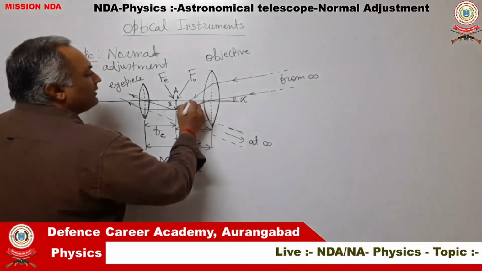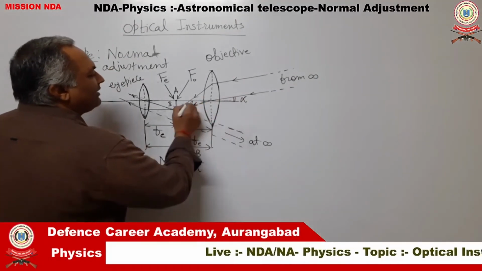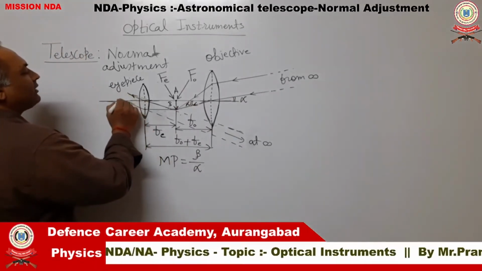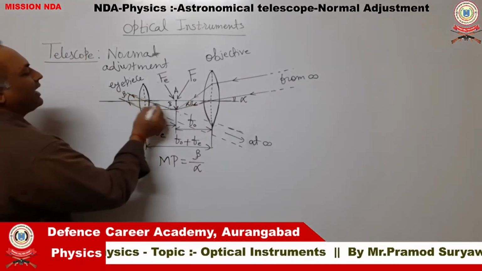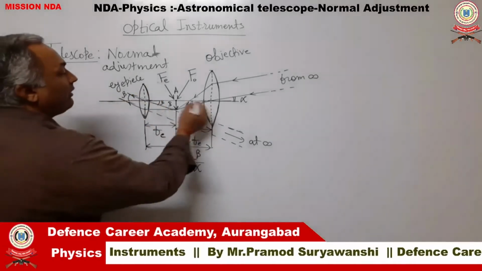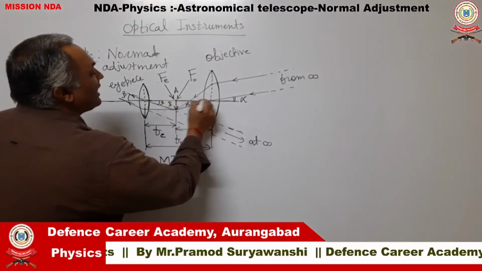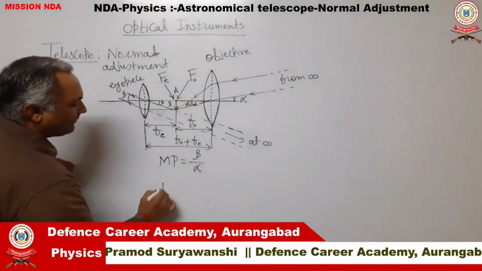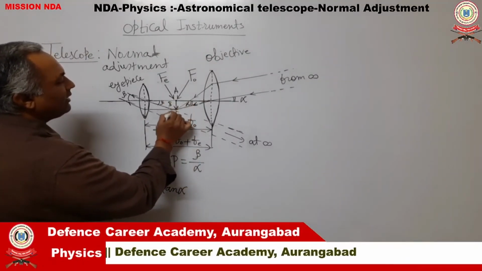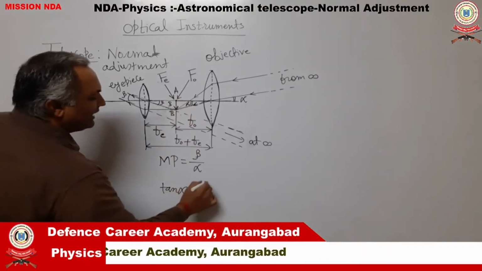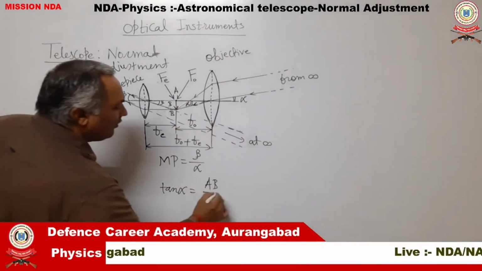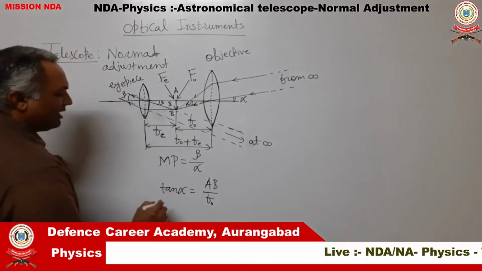So this angle is alpha, then by the definition of opposite angles, this angle here would also be alpha. Likewise, just like the compound microscope, this angle here is beta, so its opposite angle here will also be equal to beta. Now if you take a look at this right angle triangle, for this angle alpha, the opposite side is the height of the object, that is AB, and the adjacent side is equal to FO, the focal length of the objective.